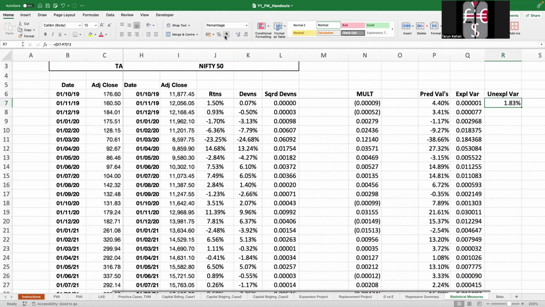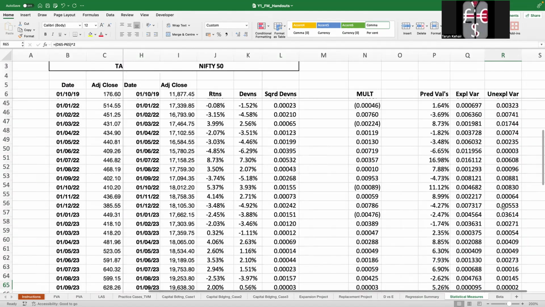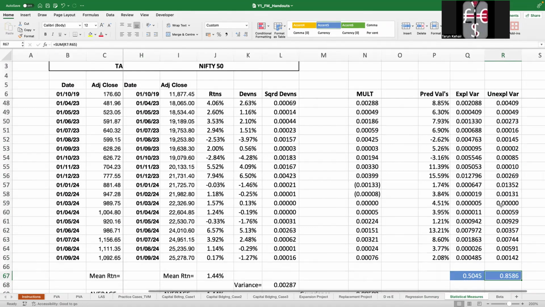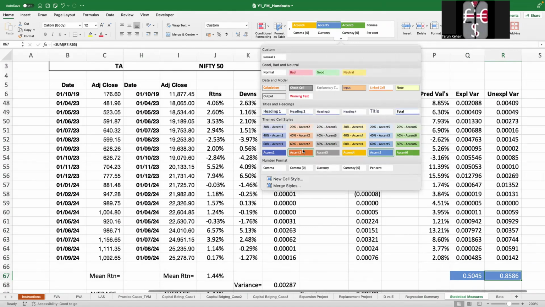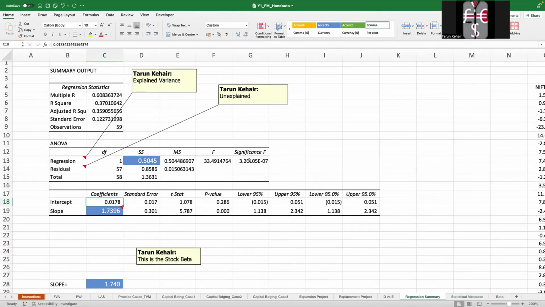And now again I am going to repeat the same exercise. And I will find out the sum. Now this also you should be able to trace on your ANOVA values. कितना है unexplained variance? How much are you getting? 0.8586. Now let's go to the regression summary and look here.